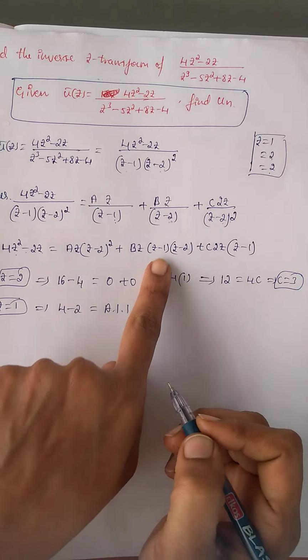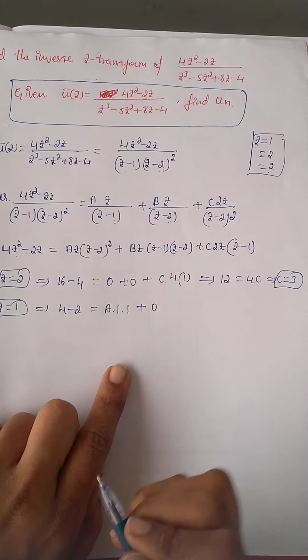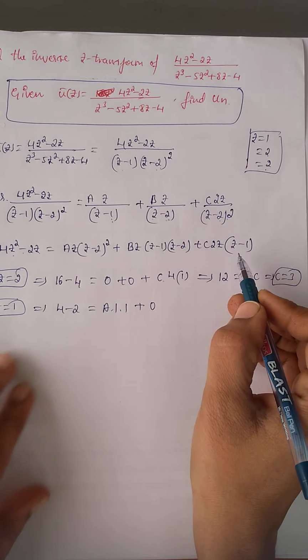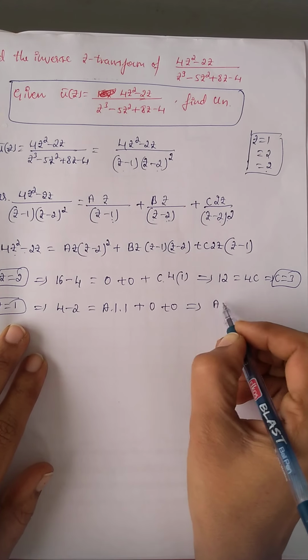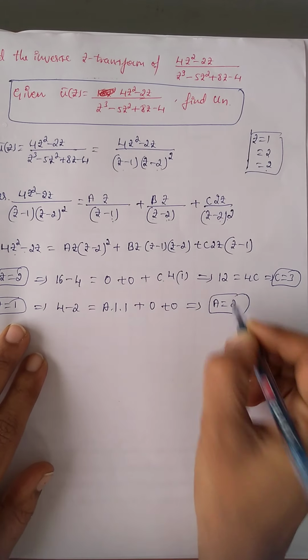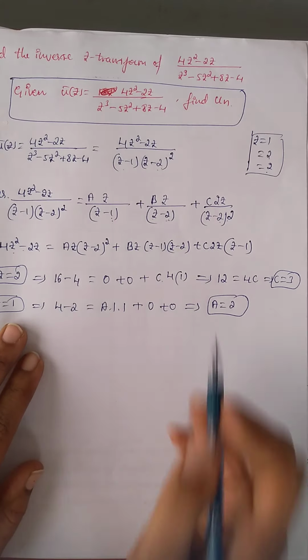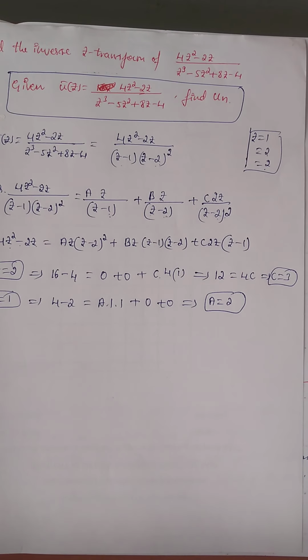The next term is 0 because 1 minus 1 is 0, and the last term is also 0 because 1 minus 1 is 0. So 4 minus 2 is 2, and we get the A value as 2. The C value is 3.